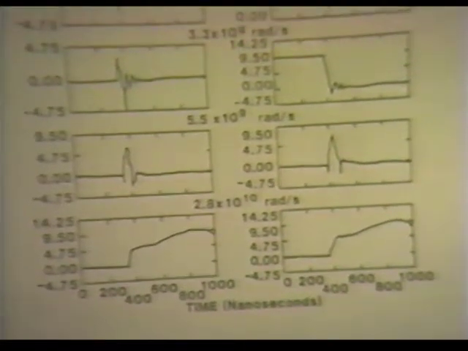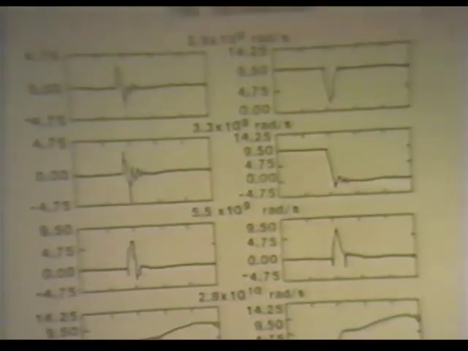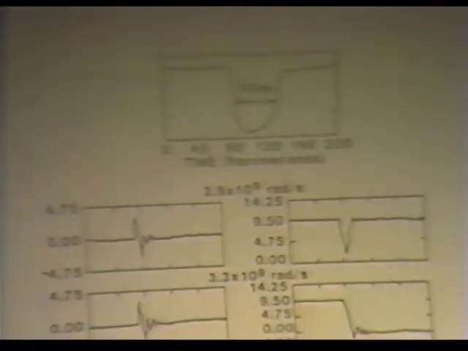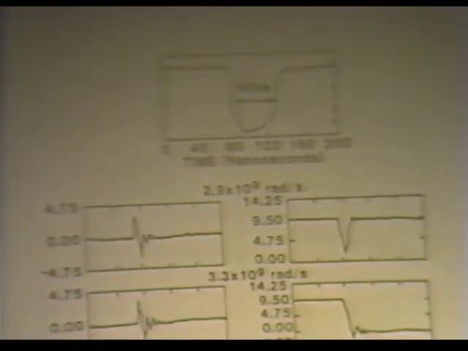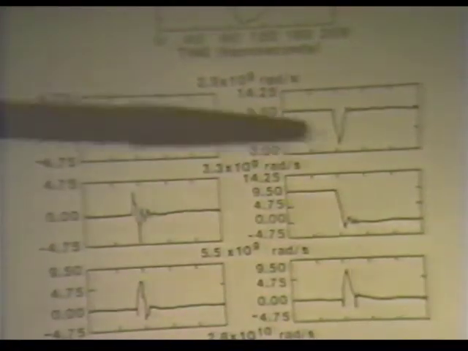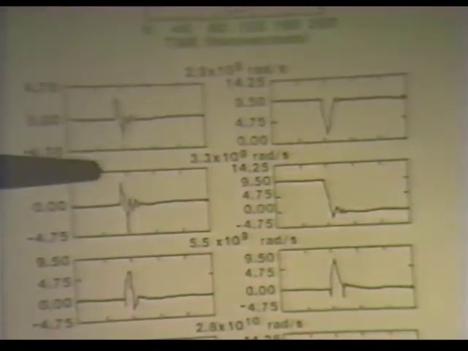Now, somewhere there I was hoping that I had a picture of the photocurrent, but I guess I didn't. Yeah, I did. I can't even read these things. Okay, you'll notice that we're going on up in dose rate as we move down. I'm just looking at one of them.